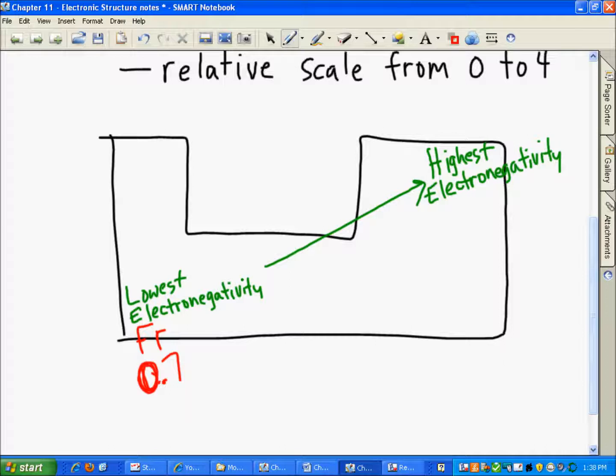Hydrogen? Nope. The electronegativity of hydrogen, I think, is only 2.20. Keep looking.